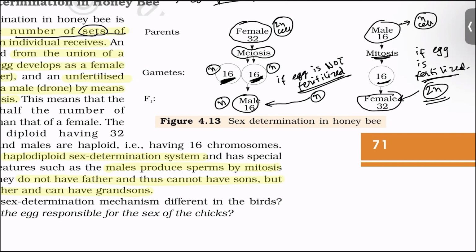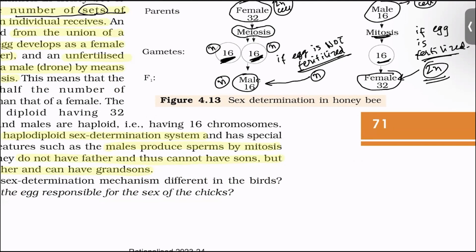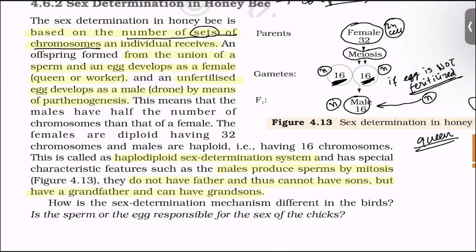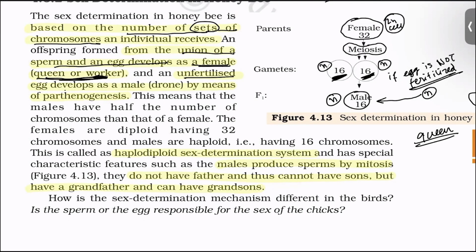Diploids are female, and out of females, who will be the queen and the worker bee depends on their diet. So from a union of a sperm and egg develops a female, queen or worker. Queen and worker are all female, and they all are diploid. They develop from fertilization, and unfertilized eggs develop as a male, or drone, by means of parthenogenesis.